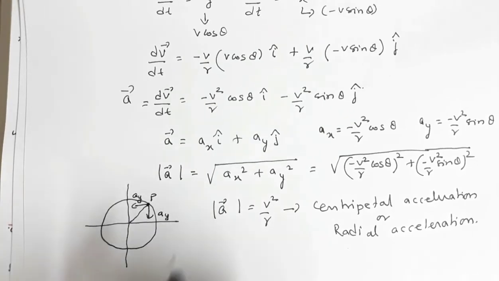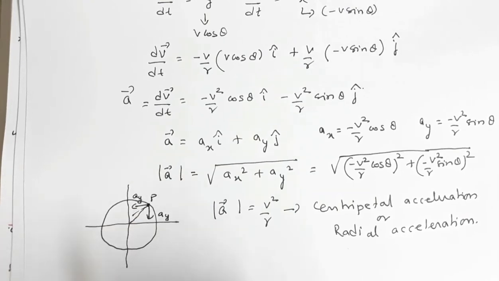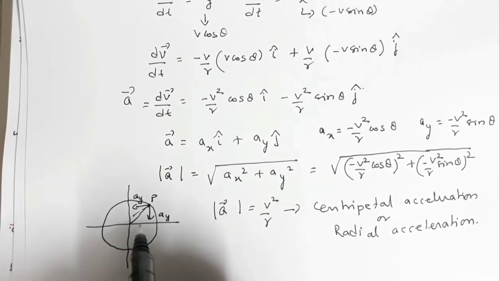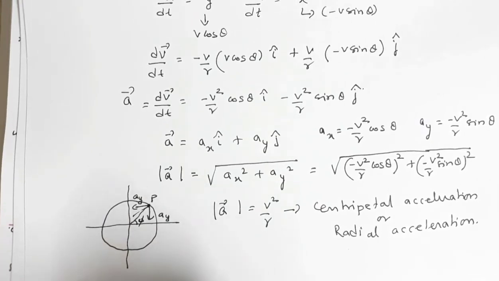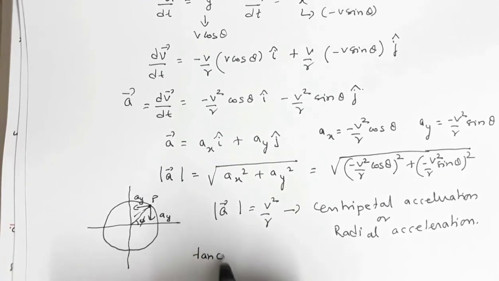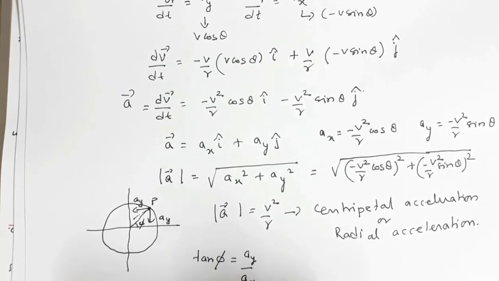But how to prove that this resultant will be along the radius and not in some other direction? For that, suppose I take this angle to be phi. What will be the value of tan phi? Tan phi will be ay by ax.